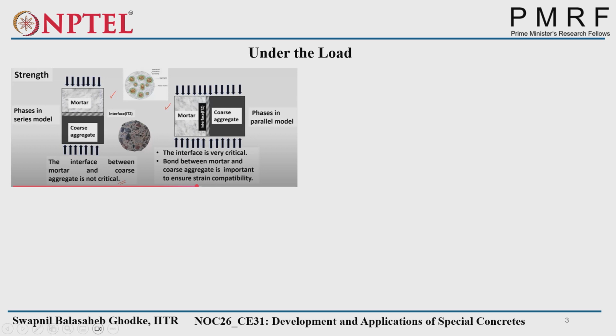In the series, the stress will be similar in the mortar and coarse aggregate, and the strain will differ because of the change in elastic modulus. Here strain compatibility will happen because the bonding tries to maintain the same deformation. If it is not able to maintain strain compatibility, cracks will appear easily in the interfacial transition zone.